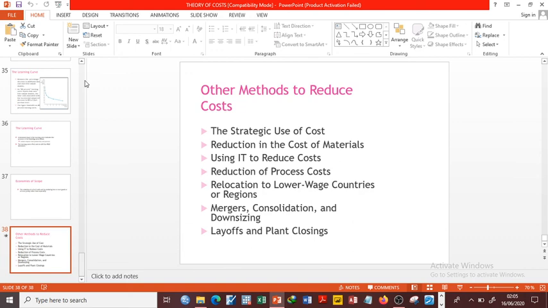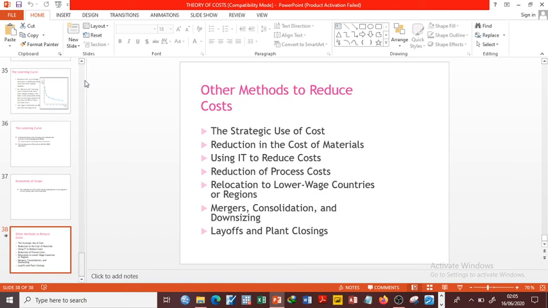Then relocation to lower wage countries or regions. You could find that maybe working in another country, you get cheaper labor compared to working in your own country, and this will reduce the labor costs, right? So that would also help in the reduction of costs.